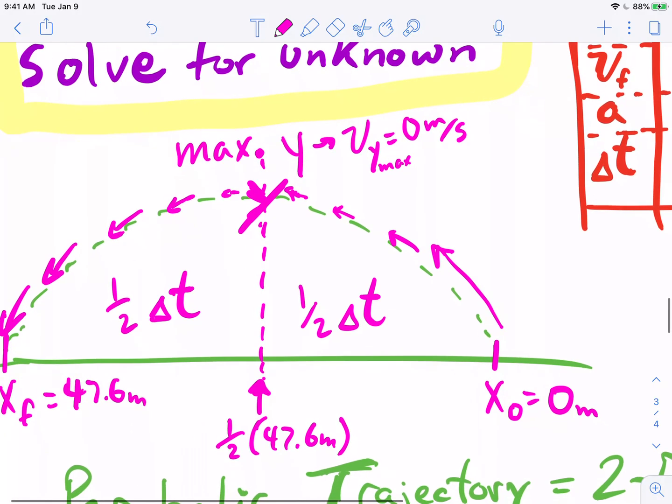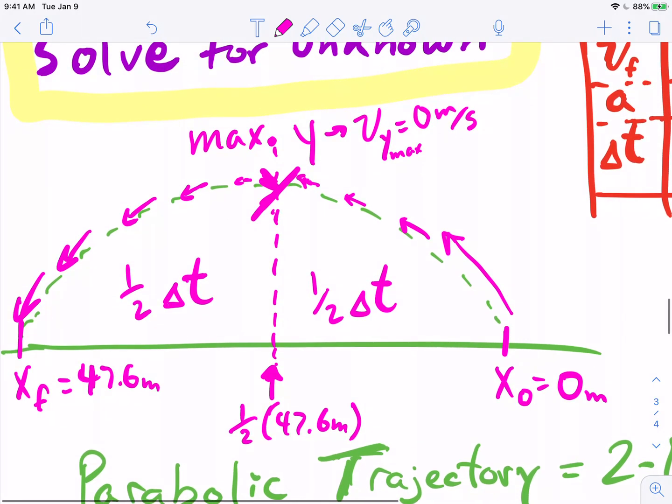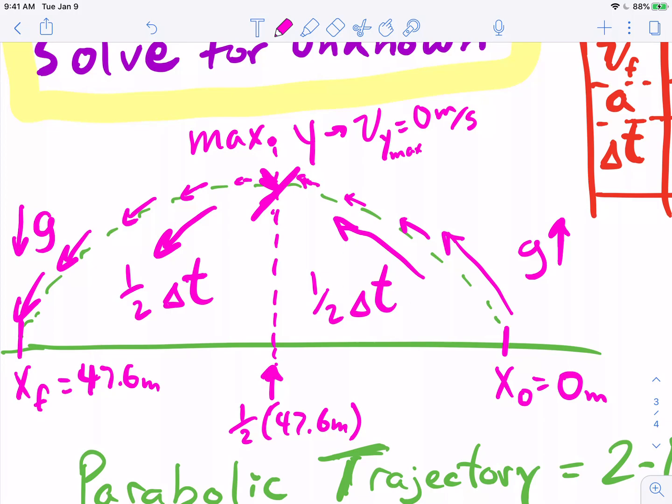It's the same gravity that slowed it down while it went up as is speeding it up while it comes down. It's the same pull of gravity, so it takes the same amount of time to make the projectile stop as it goes up as it takes to bring it back to the Earth as it comes down. Same amount of time. Hopefully that makes sense to you.